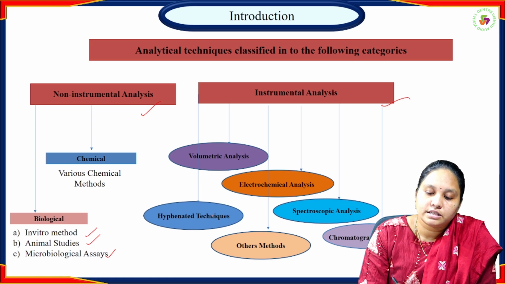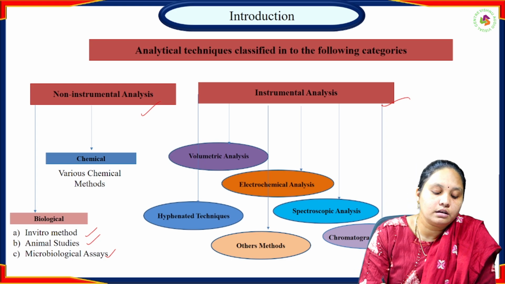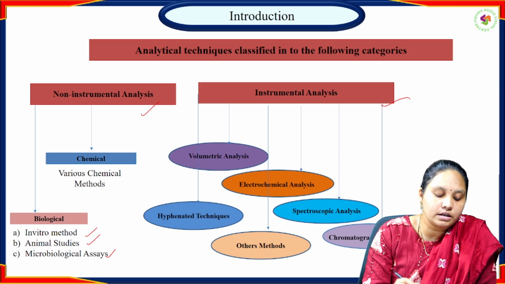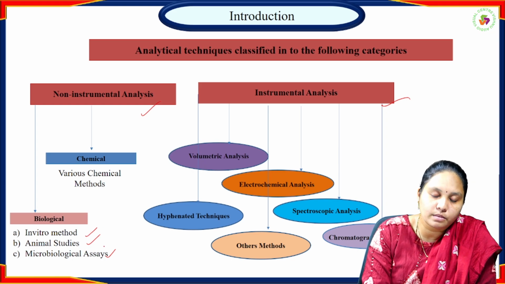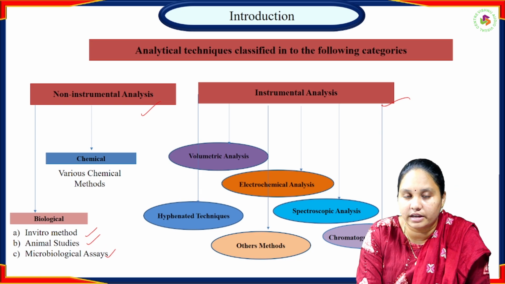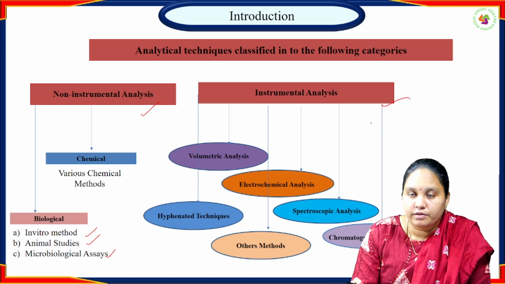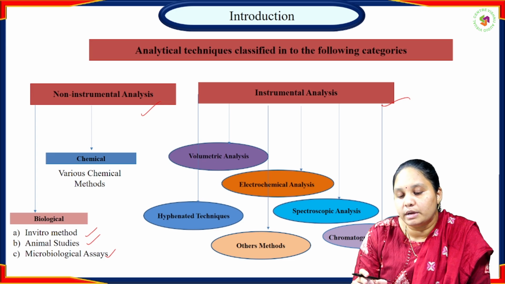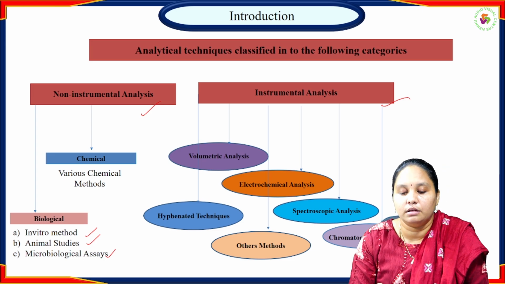Our pharmaceutical analysis subject denotes what? Identification of the quality and the quantity, right? This identification of the quality and the quantity in biological methods means in vitro, animal studies, and microbiological assays. By using these methods also we can study. Instrumental analysis: by using some equipment, some instruments, we find out the quality and the quantity of that particular sample.